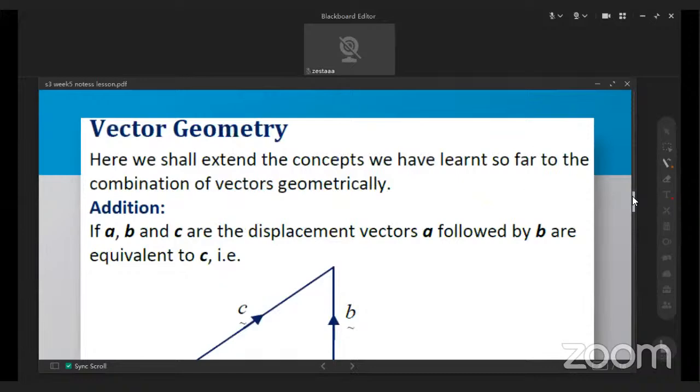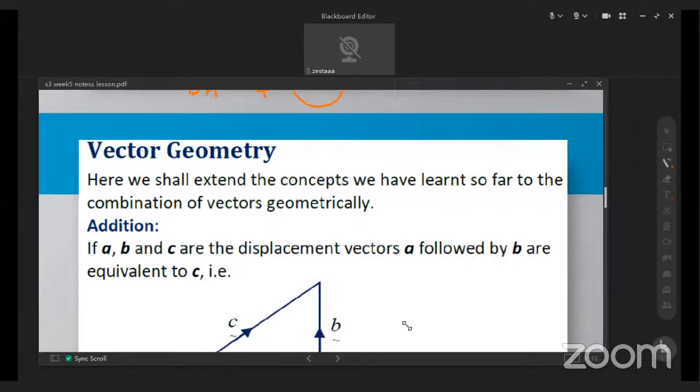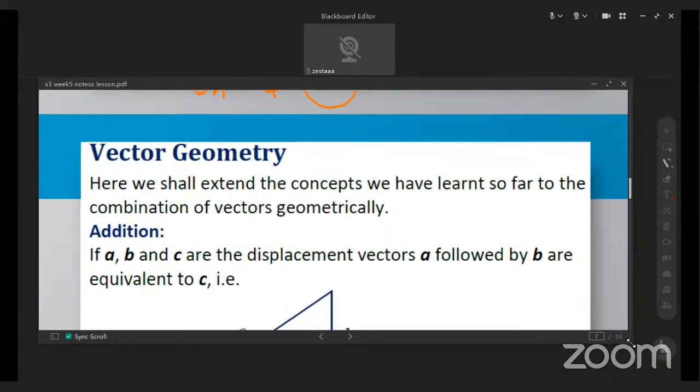Now, let's switch to something called vector geometry. This is the last part of vectors, and it combines all the concepts that we've been looking at, from addition, multiplication, parallel, to collinear.